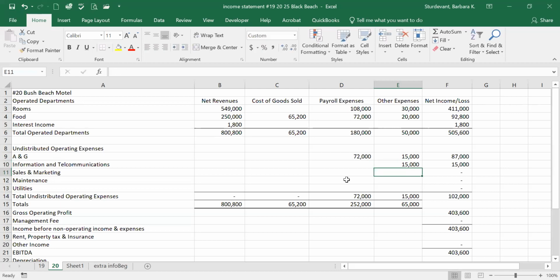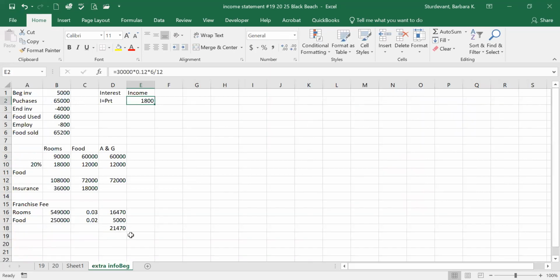Okay. Now, sales and marketing. We know we have to bring that franchise fee in, right? Which was this 21,470. What else do we have for marketing? Advertising of 12, right? Was that it? I think that's it, right? So if we add the 12 there, we got 33,470.